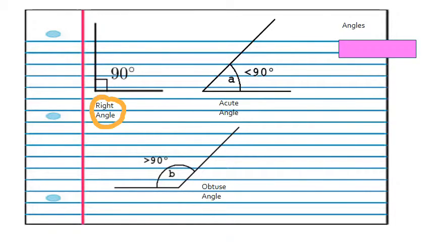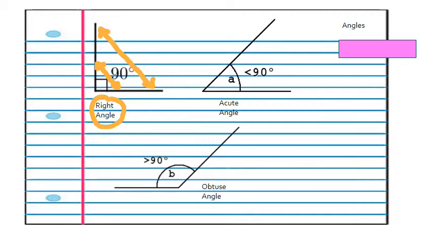Just look at a corner of a room here, and I'll describe a little bit why we can't use a ruler to measure in between here. If we put the ruler at this space, it would be a different size than it would be at this space in between. That's why we have to use degrees to do the measure. So the most basic angle is a right angle at 90 degrees.